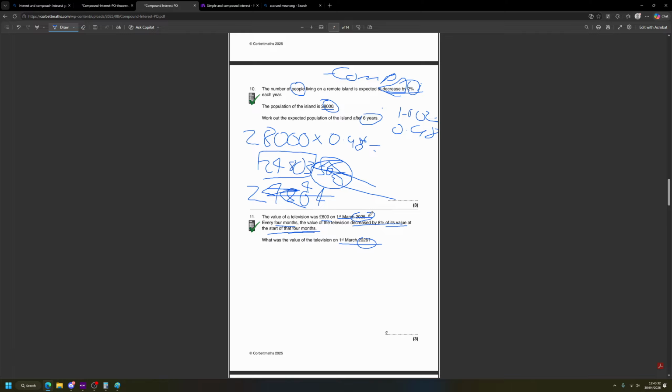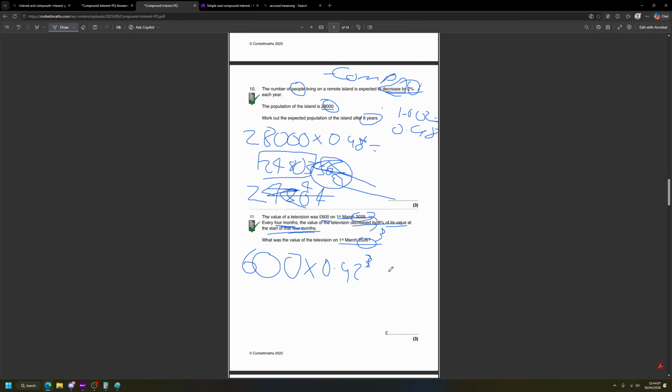Like the number of years, and from here to here is 1 year. But we're not multiplying by 1, we're multiplying by 3. Why? Because it's every 4 months, and really in that equation, the indice is always the number of intervals. That makes sense, right? So 600 multiplied by 0.92, because that's 1 minus 0.08, and then to the power of 3, because why?